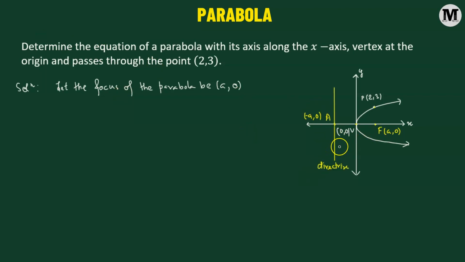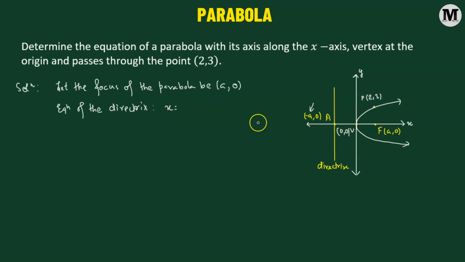So this line is referred to as the directrix line, and we can also define the equation of the directrix line. Since the line is parallel to the y-axis, its equation will be given by x equals the x coordinate of the point through which the directrix line passes.